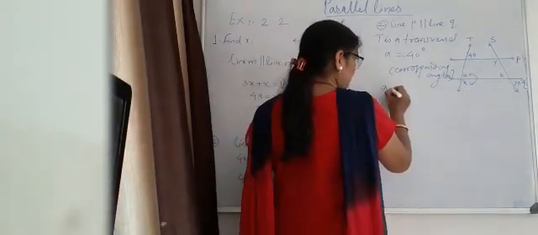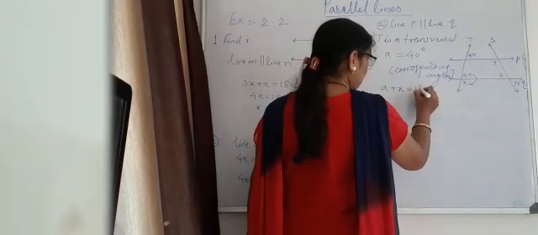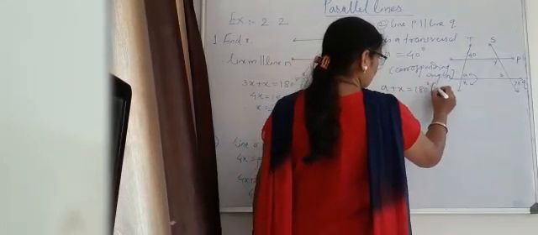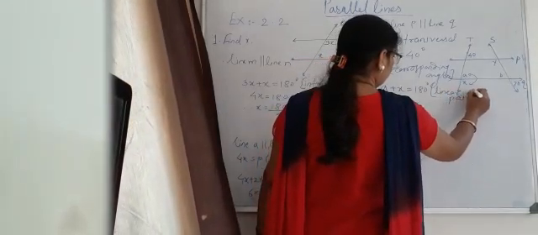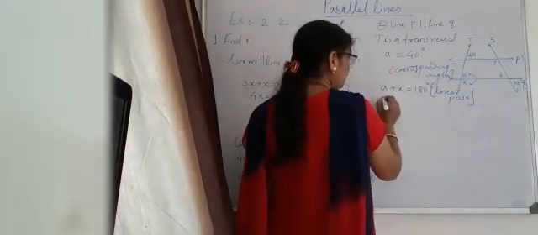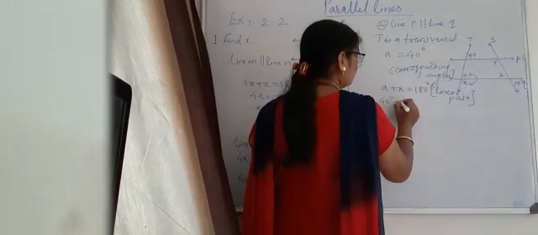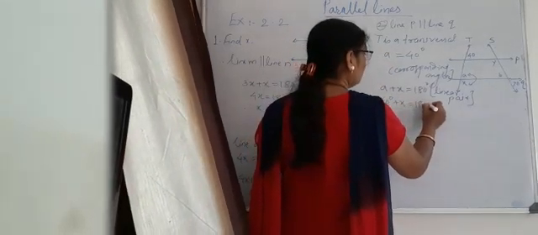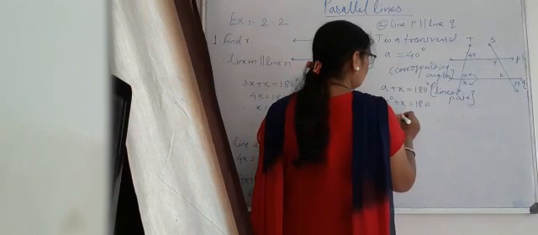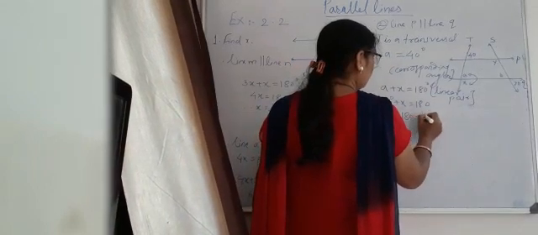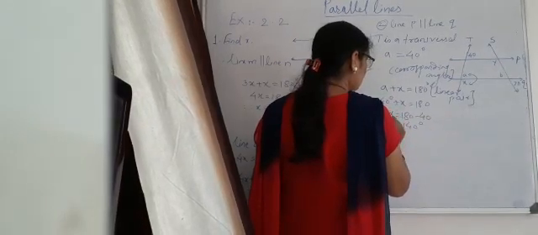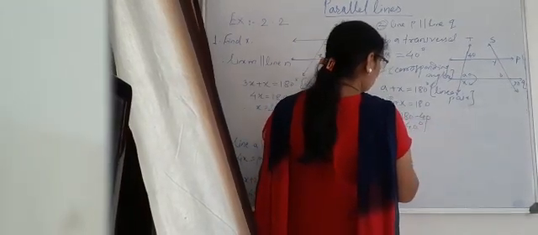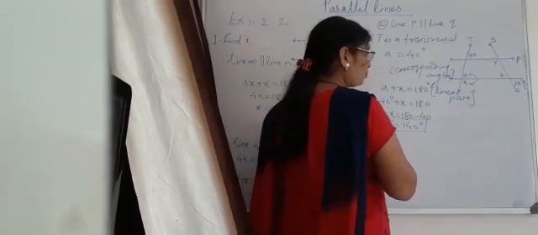So you take a plus x equal to 180. Now a is 40. x you have to find out equal to 180, and therefore x equal to 180 minus 40. How much? 140. So first you get x equal to 140.